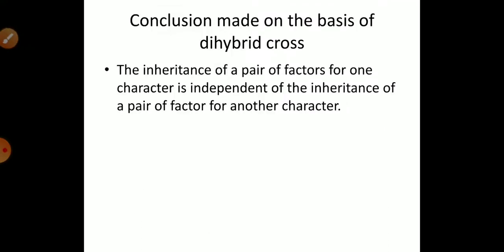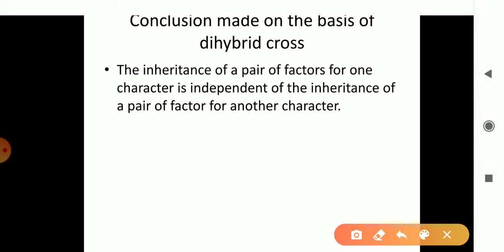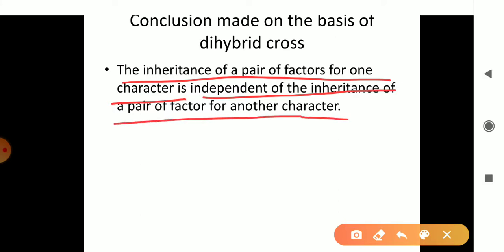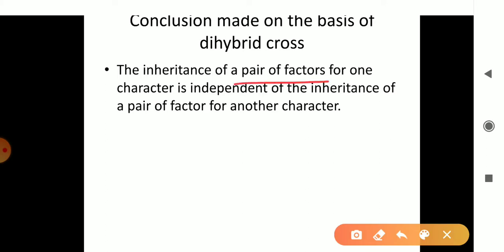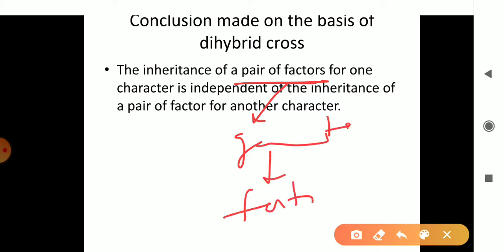From this Mendel made a conclusion that the inheritance of a pair of factors for one character is independent of the inheritance of a pair of factors for another character. Now, what does this mean? We have already learned that the factors present as a pair in an individual get separated at the time of gamete formation, and pair up again upon fertilization.